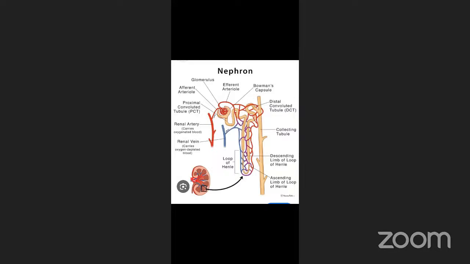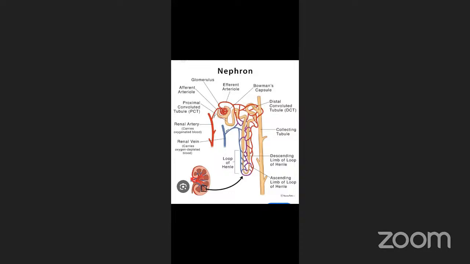In the descending loop of Henle, there's more reabsorption of salts, the sodium chloride ions, and there's more reabsorption of water. In the ascending loop of Henle, there's more reabsorption of sodium chloride ions.